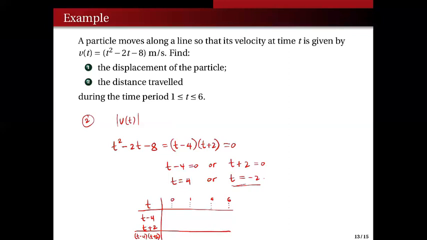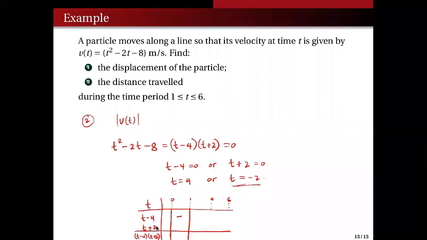So if you look at this, on the interval 0 until 1, what is the value of t minus 4? When t equals 0, that's negative 4. When t equals 1, that's 1 minus 4, that's negative 3. So in between 0 and 1, the value of t minus 4 will be negative.